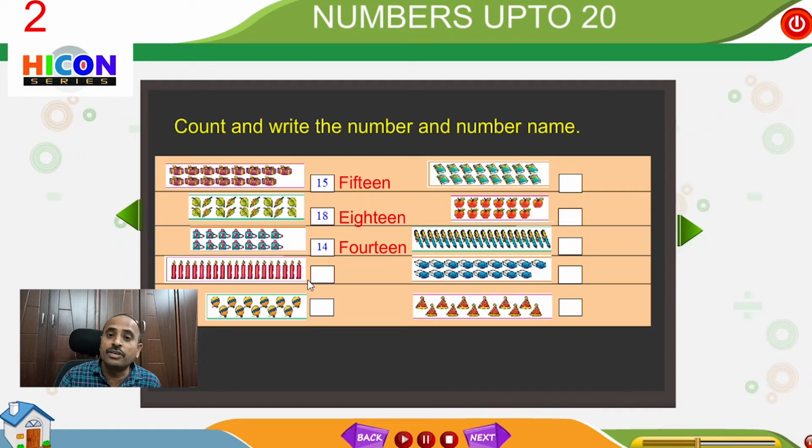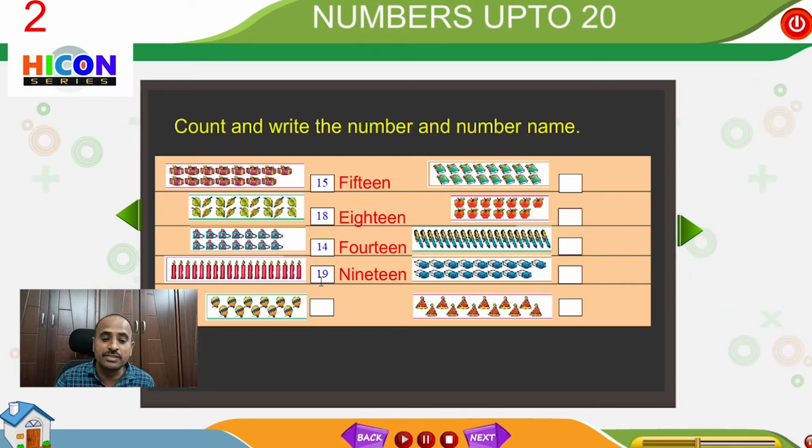So there are a total of 19 candles in the picture. So we have to write the number 19 here. And the number name for 19 is NINETEEN. So this is the number name for the number 19.